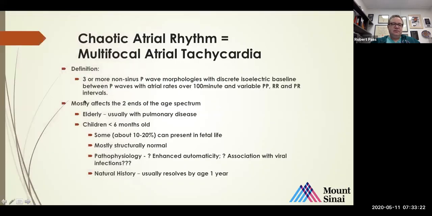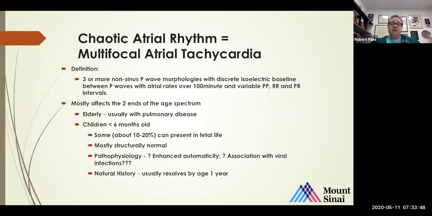The definition of a chaotic atrial rhythm, which is sometimes referred to as a multifocal atrial tachycardia, is that there are 3 or more non-sinus P wave morphologies with a discrete isoelectric baseline between the P waves and atrial rates over 100 with a variable P to P, R to R, and PR interval. It affects mostly people at both ends of the age spectrum.